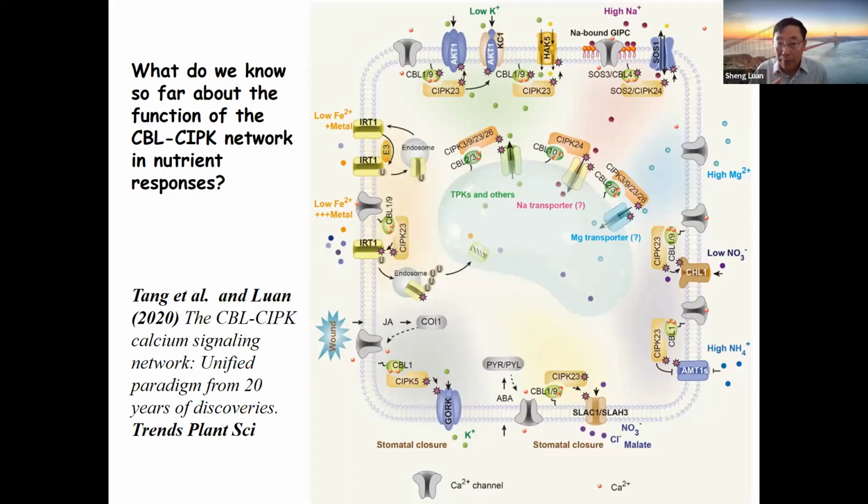My answer is that it's really auto-regulated, because the number of channels at a particular location is pretty much fixed after the pollen tube is there. And when the calcium channels open, at a particular time window, the number of calcium ions flowing into the cell is fixed.